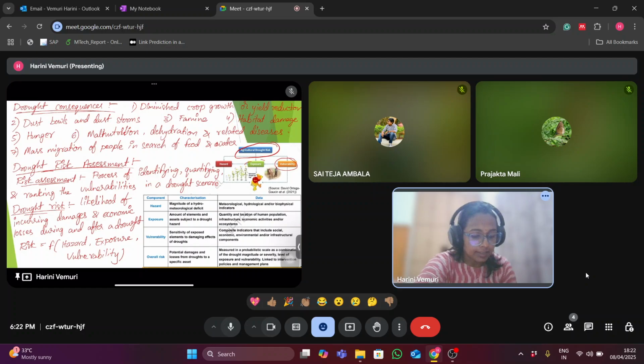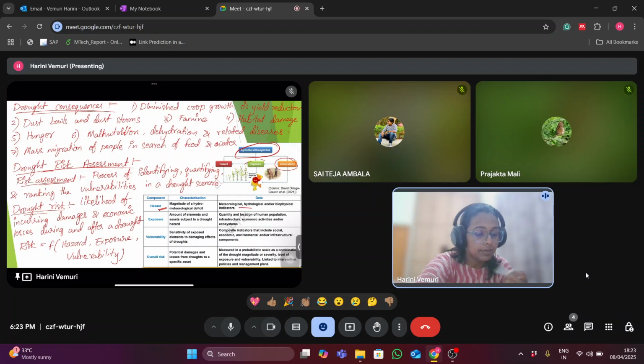In the case of hazard, hazard is characterized by the magnitude of hydrometeorological deficit. So data will be meteorological, hydrological, or biophysical indicators. Exposure is characterized as the amount of elements and assets subject to a drought hazard.